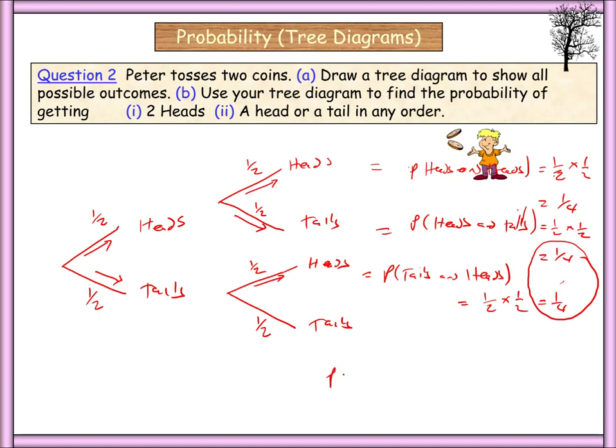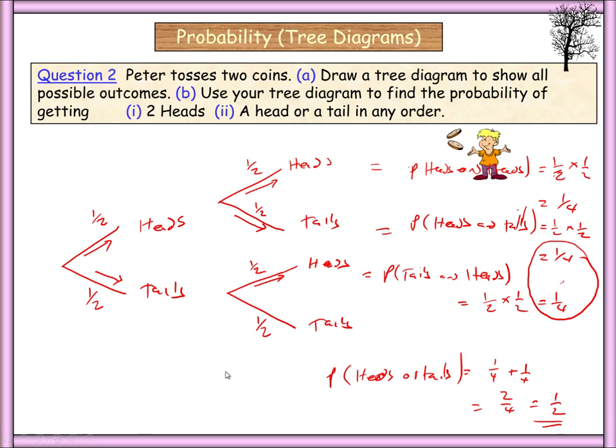So probability of heads or tails is equal to 1/4 plus a quarter, which is equal to 2 out of 4 or a half, simplified. Okay, good.